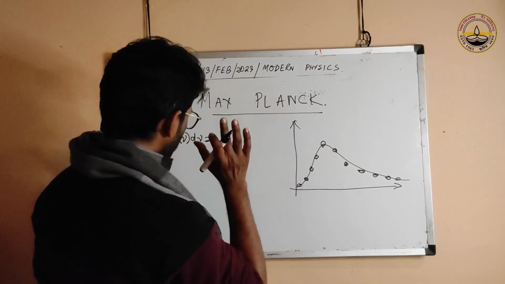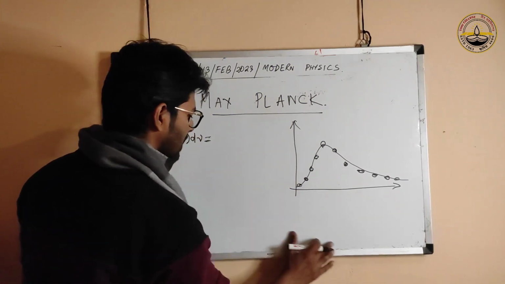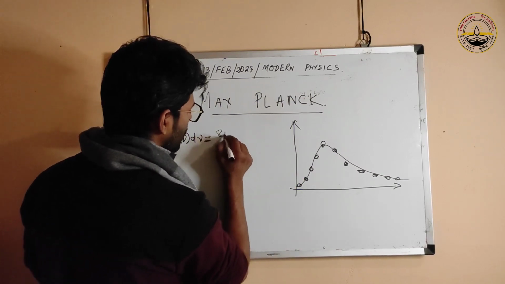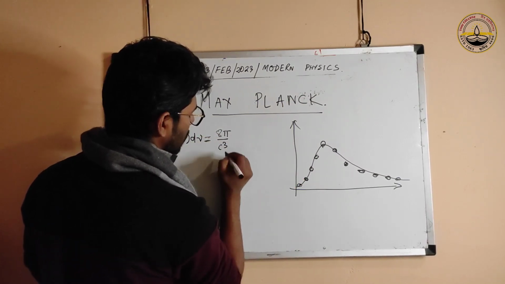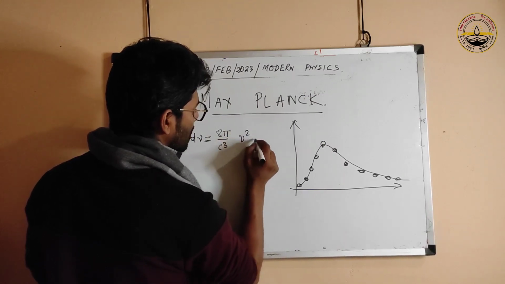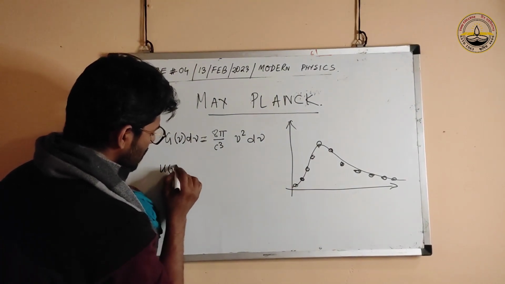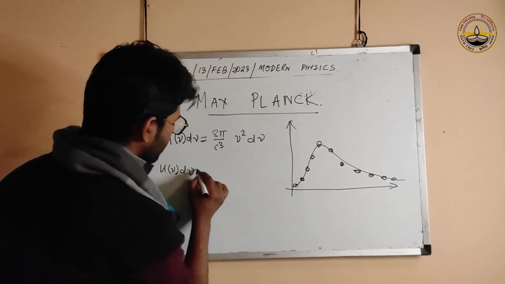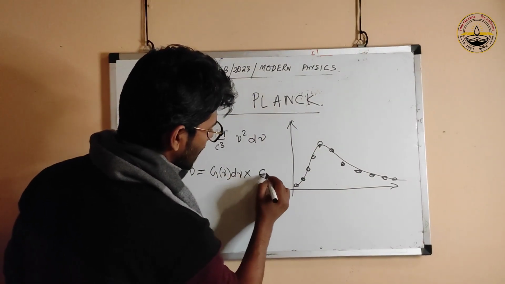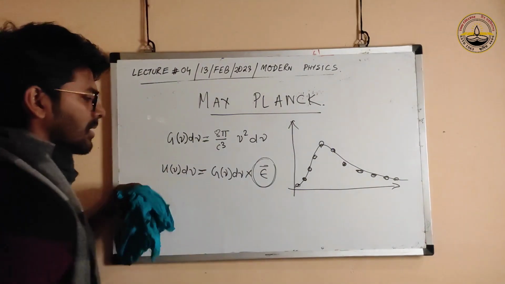Just counting waves and oscillations, but no mechanics of energy, like average energy calculation. Up to that point, we had 8 pi by c cubed nu square d nu. That's fine. Our next step was the u nu d nu, and that was just g nu d nu times epsilon bar, the average energy per standing wave.